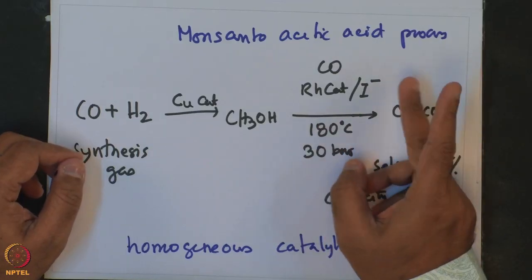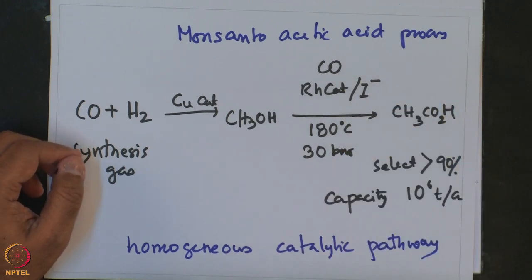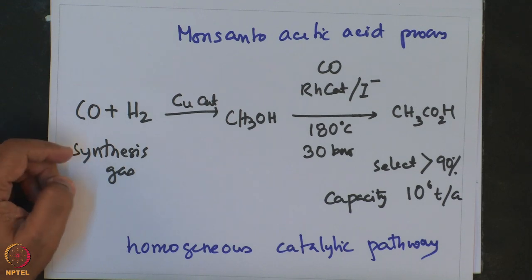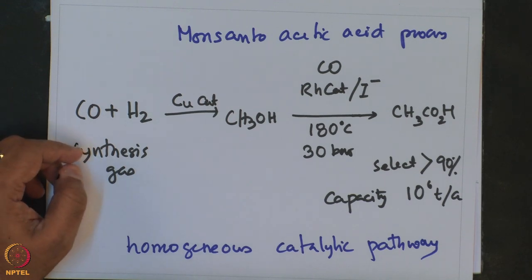Now, before we start discussing the catalytic pathway for this Monsanto acetic acid process, I must mention that the catalyst over here is a rhodium catalyst, but it also requires presence of I minus. So, this role of I minus in this Monsanto acetic acid process is interesting, and this will be more prominent as we look at the catalytic cycle.